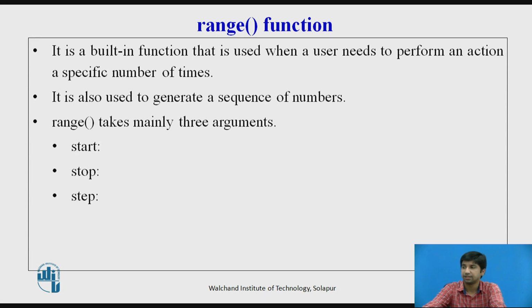Range function takes mainly three arguments: start, which is the starting point, stop, the ending point, and step, which is by how much the value should be incremented or decremented.